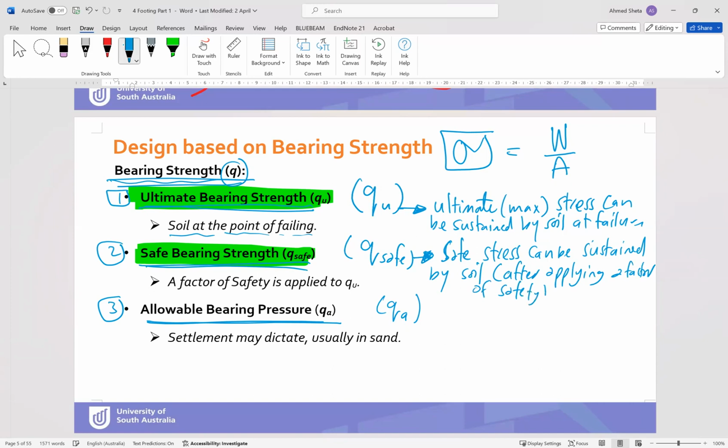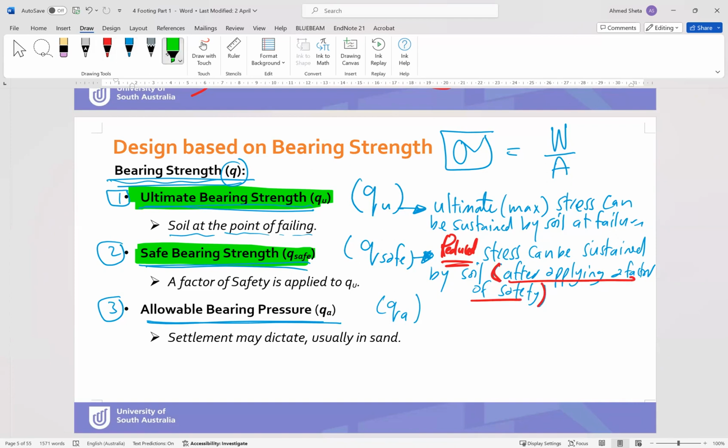So we can remove safe and call it reduced. So Q safe is the reduced ultimate strength that can be sustained by soil after applying a factor of safety.